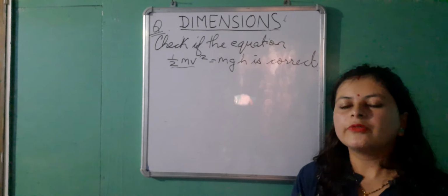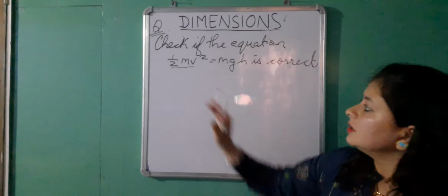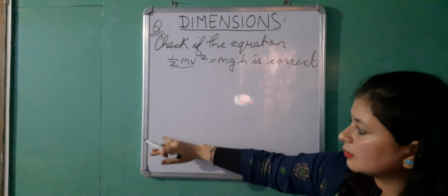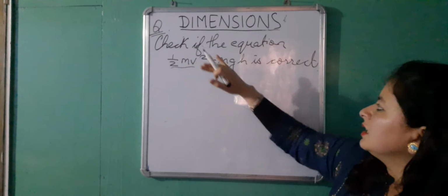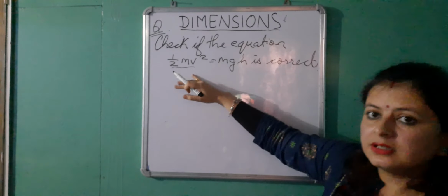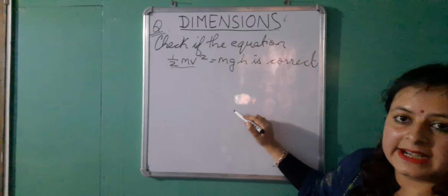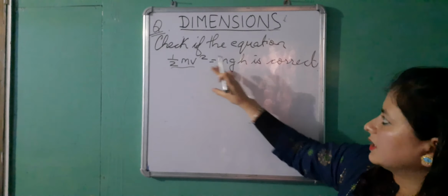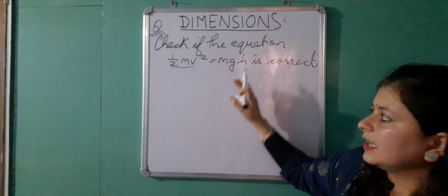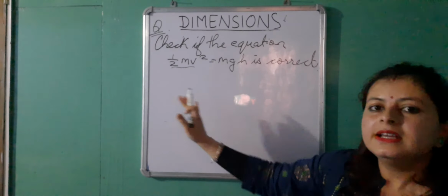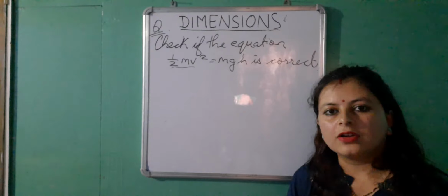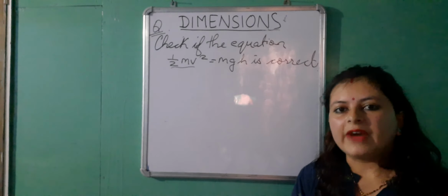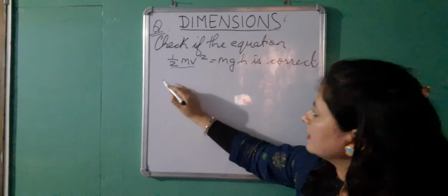So what we are going to do is take this equation separately, find the dimensional formula for this expression, take the right hand side separately, do the same process, find the dimensional formula for this physical quantity. Then we are going to see whether they are the same or not. If they are the same, then this equation also will be valid. So let us start.